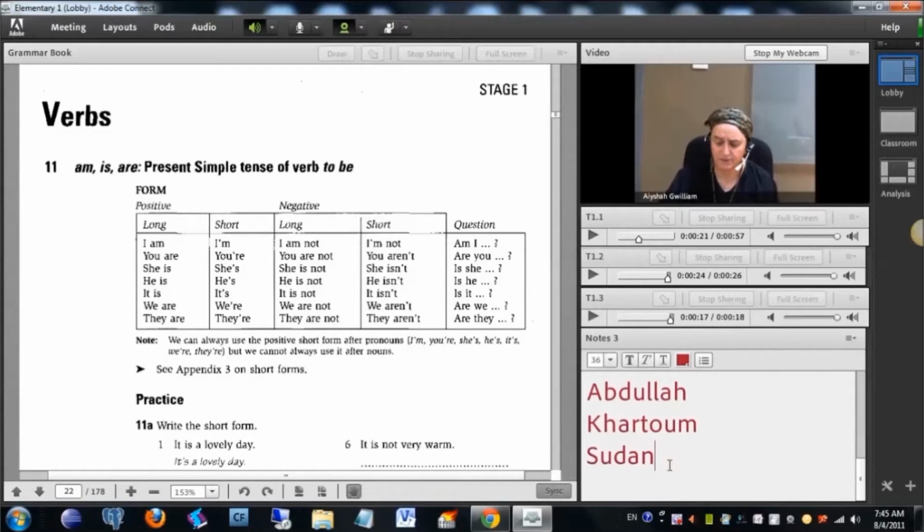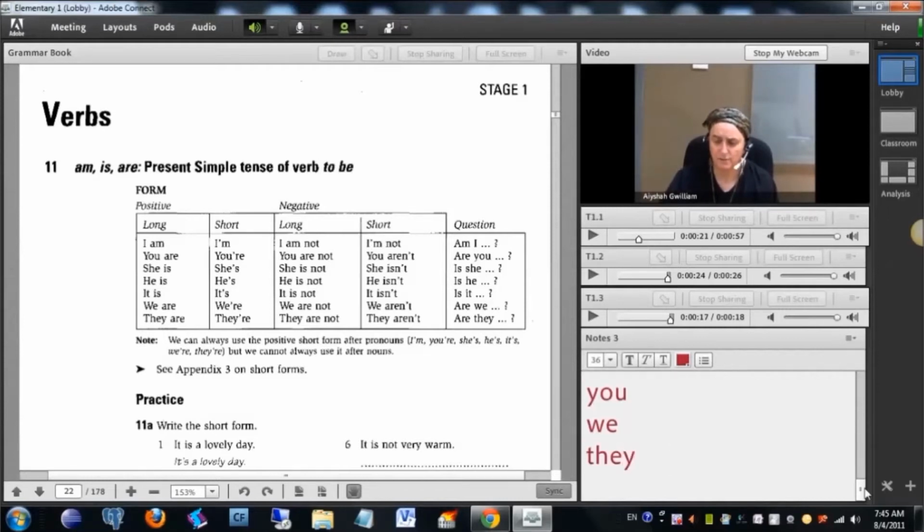But also we have something else called a pronoun. The pronouns are I, he, she, it, you, we, and they.